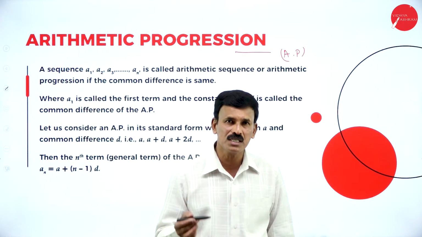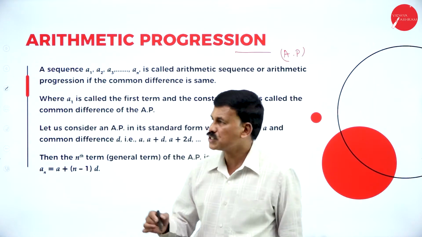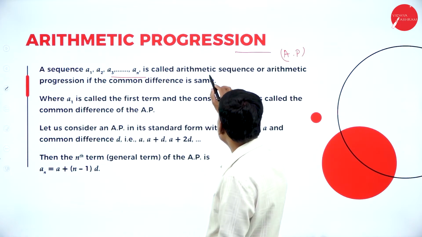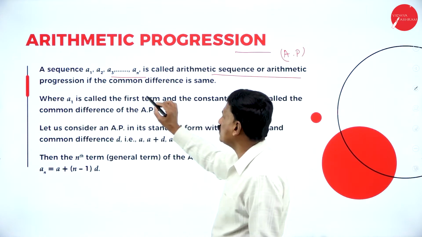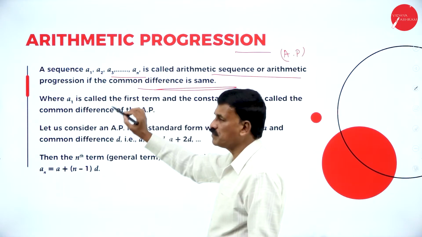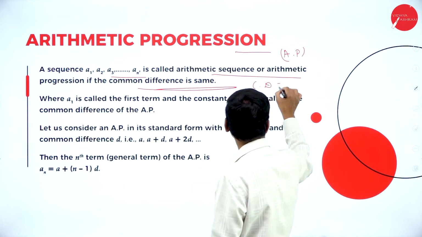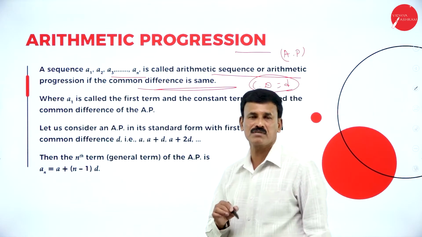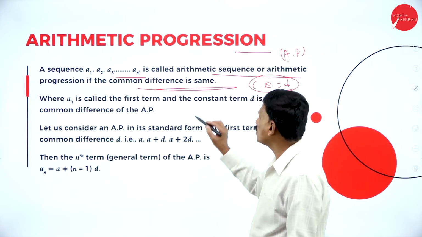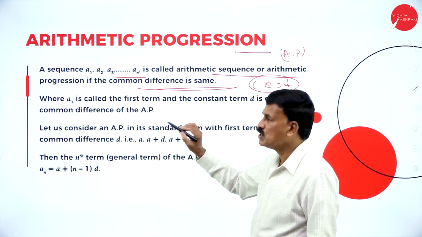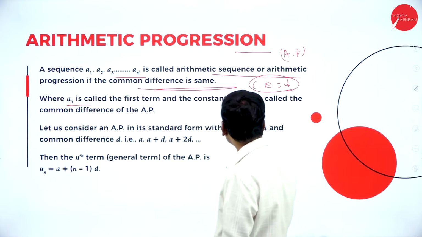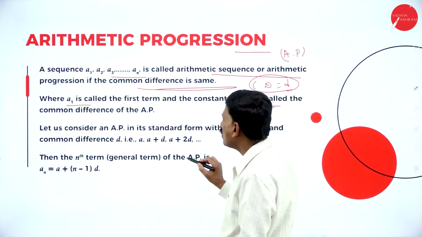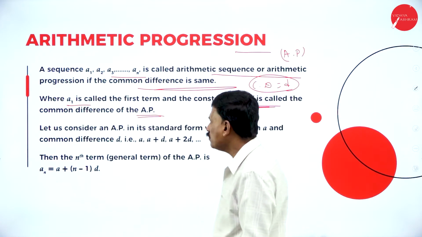So, here a sequence of the form A1, A2, etc. AN is called an arithmetical sequence or arithmetical progression if the common difference is same. Here, A is called the first term and the constant difference term is called D. D is called the common difference of the AP, arithmetic progression.